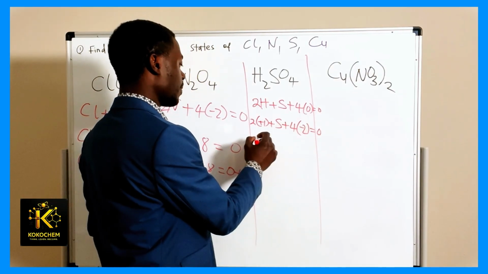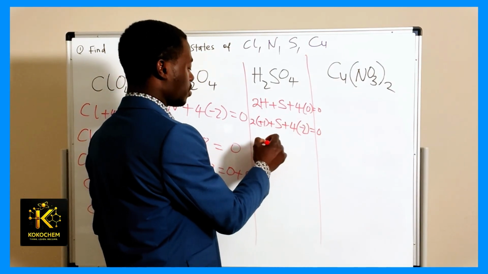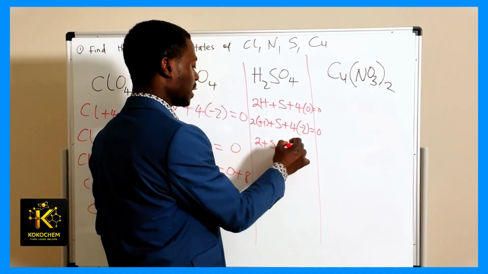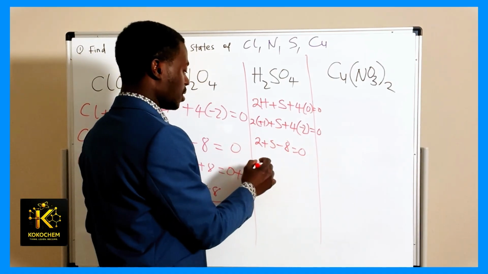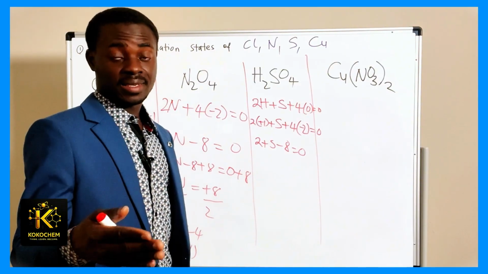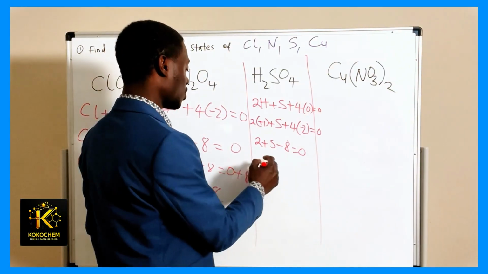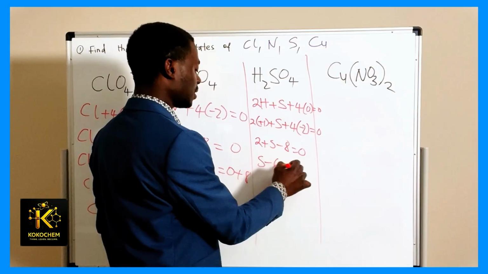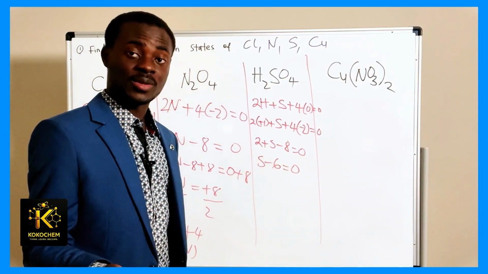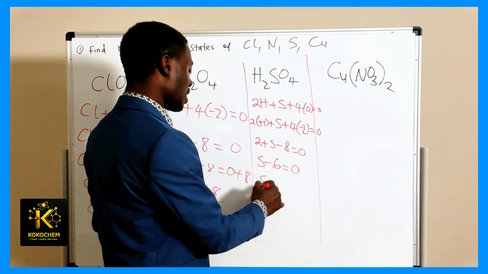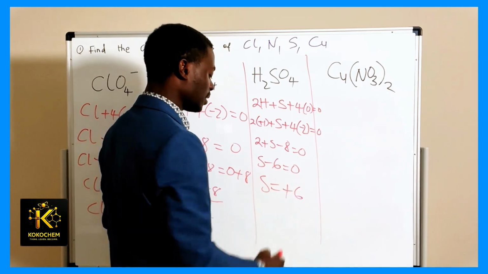So it's going to be 2 plus sulfur minus 8 equal to 0. 2 minus 8 is minus 6. So it's going to be sulfur minus 6 equal to 0. This gives you that sulfur has an oxidation state of plus 6.